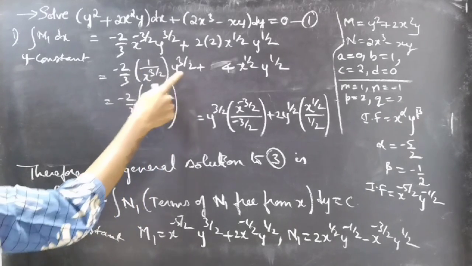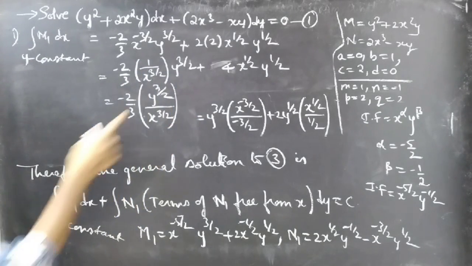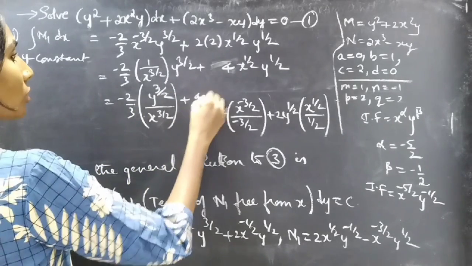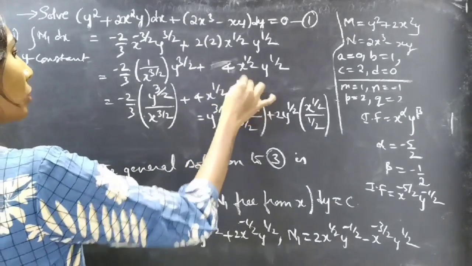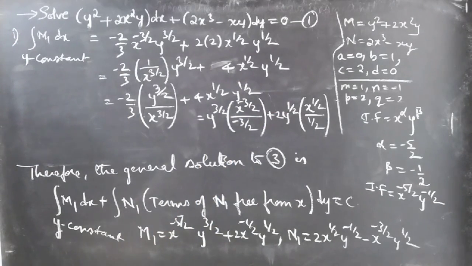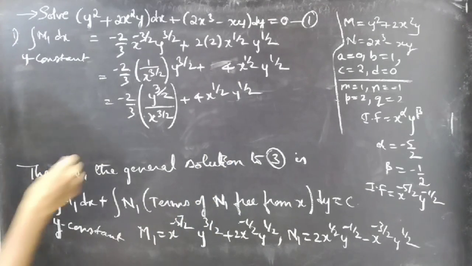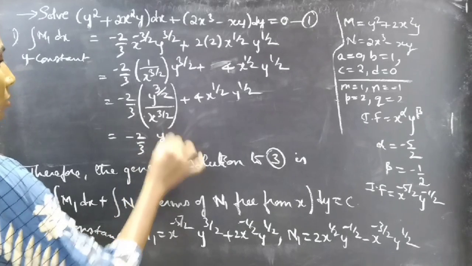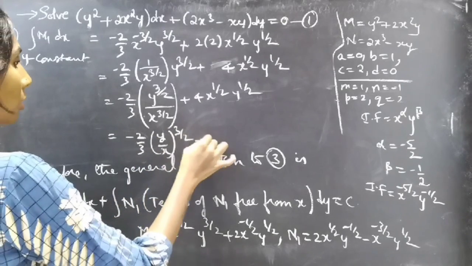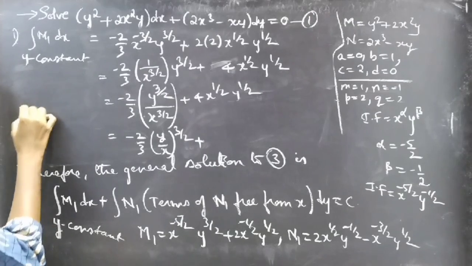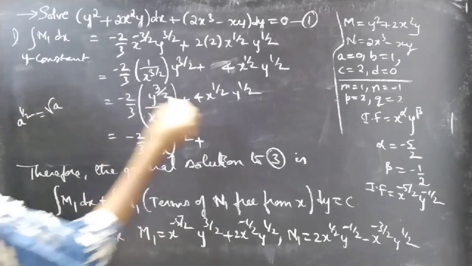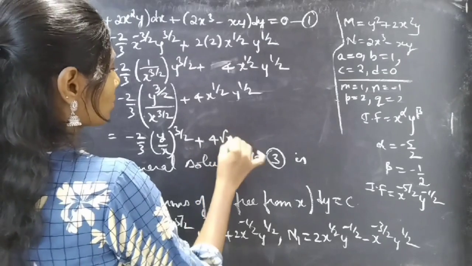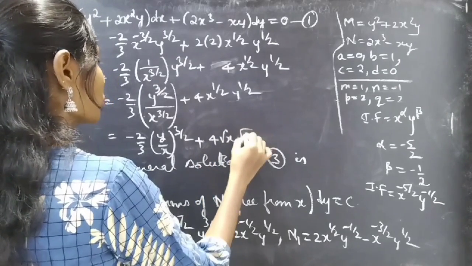See, 1 by x power 3 by 2 into y power 3 by 2 gives us y power 3 by 2 by x power 3 by 2 plus 4 x power 1 by 2 y power 1 by 2. Or we can write this as minus 2 by 3 into y by x whole power 3 by 2 plus, since we know that a power 1 by 2 can be written as square root of a, we can write x power 1 by 2 as square root of x and y power 1 by 2 as square root of y.